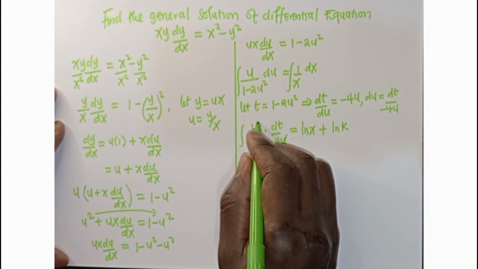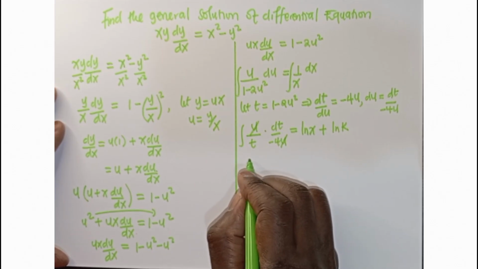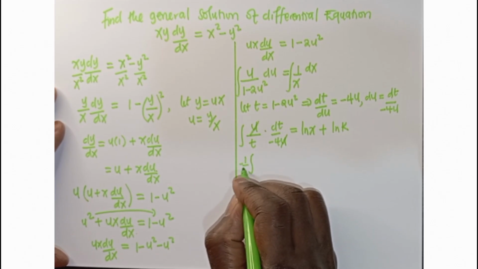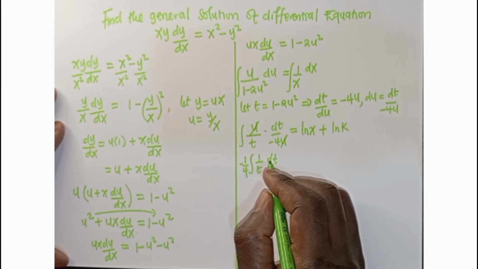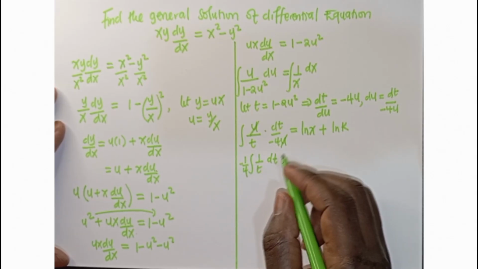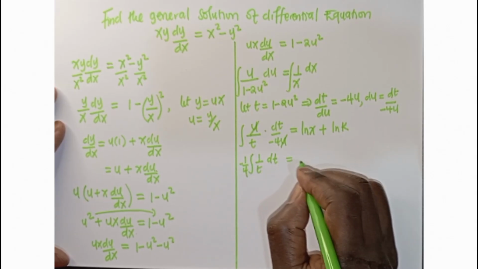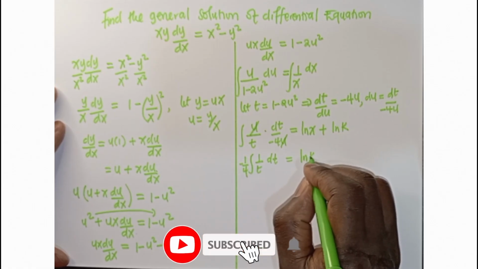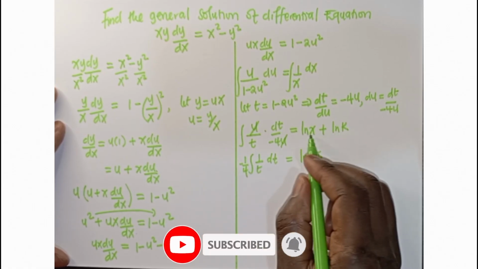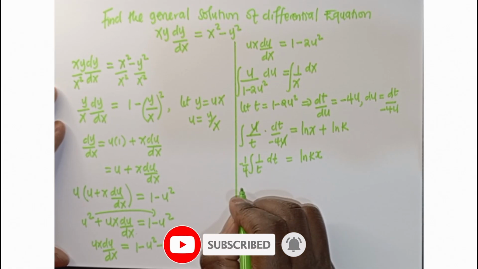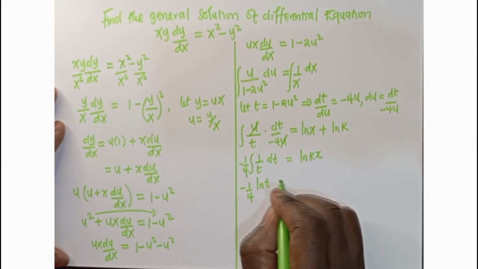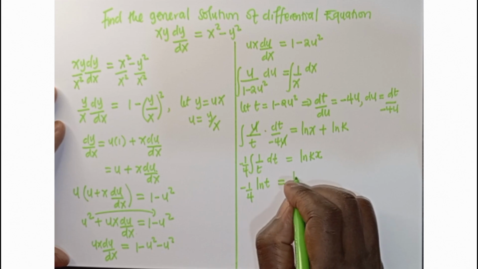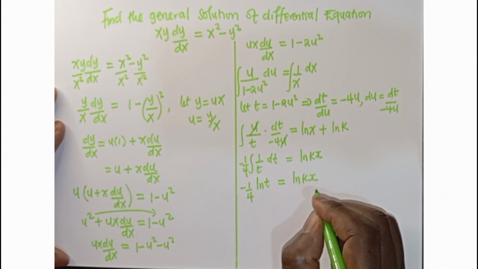Now this goes with this, so we remain with the integral of negative 1 out of 4 times 1 out of t dt is equal to ln of kx. So this one is negative 1 out of 4 ln of t is equal to ln of kx.